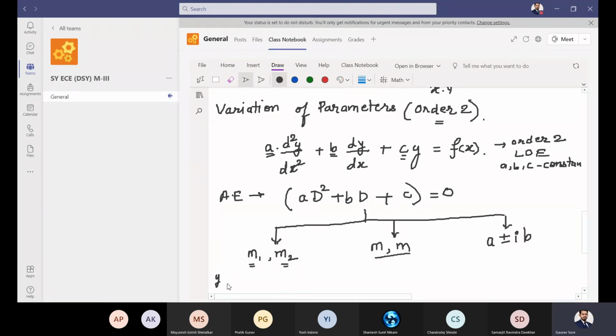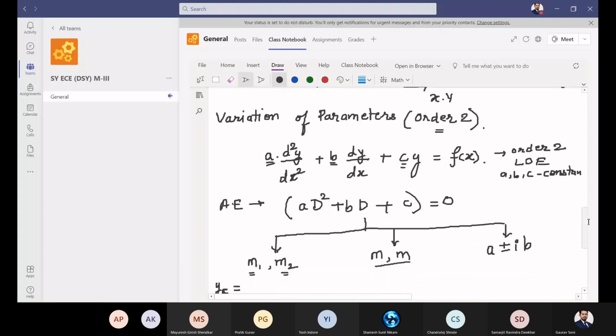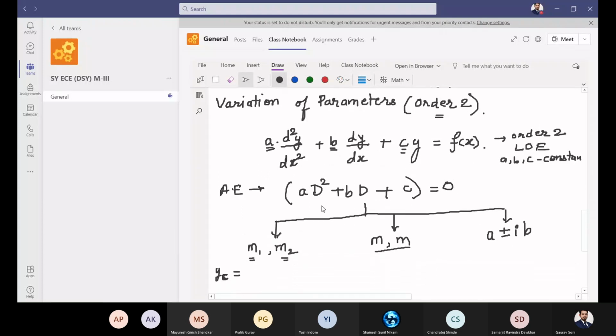So what will be the solution Yc? In the first case, real and distinct: Yc is equal to C1 e to the power m1x plus C2 e to the power m2x.